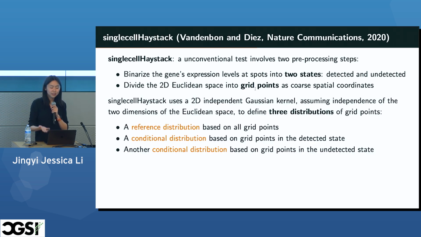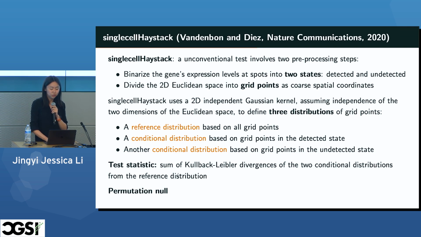To me, the idea is quite interesting because they use the distributional differences as their test statistic. So what do they do? First, they have a reference distribution based on all grid points without looking at the gene expression states. Second, given the gene expression state being detected or undetected, they can each have a conditional distribution of the grid points. Then their test statistic is the sum of two KL divergences.